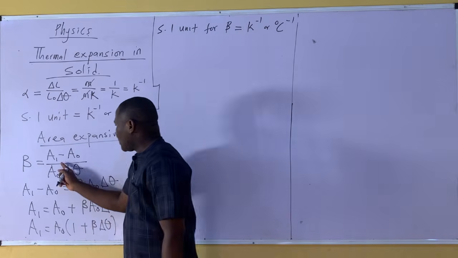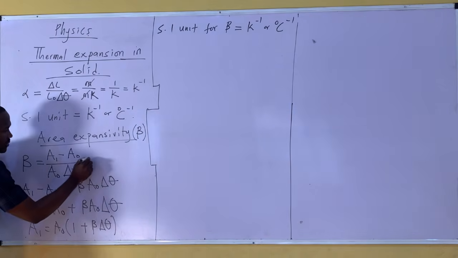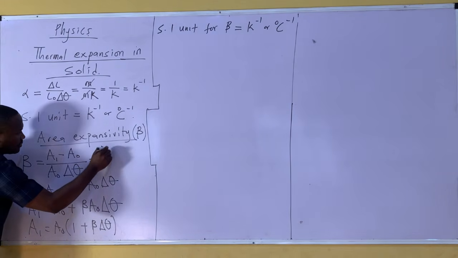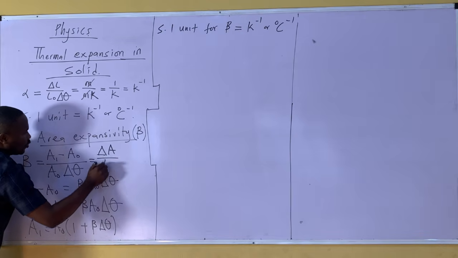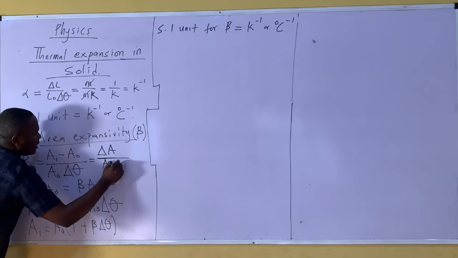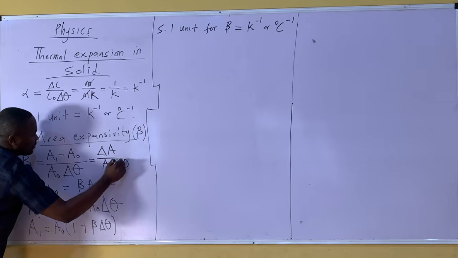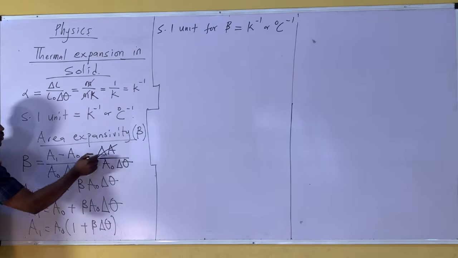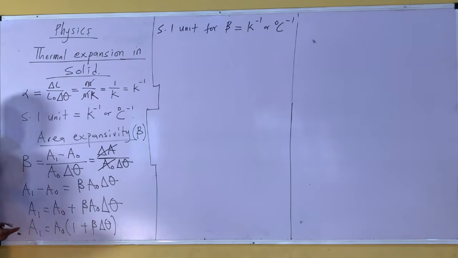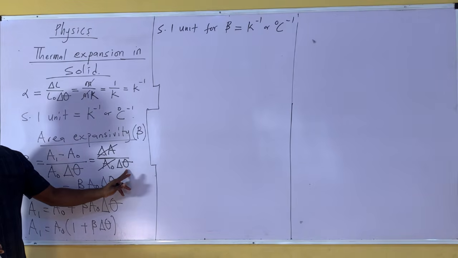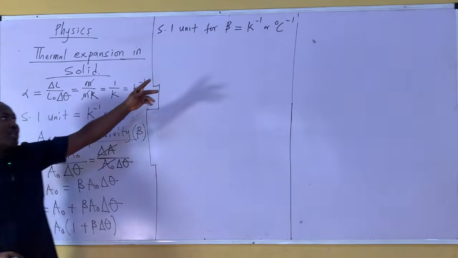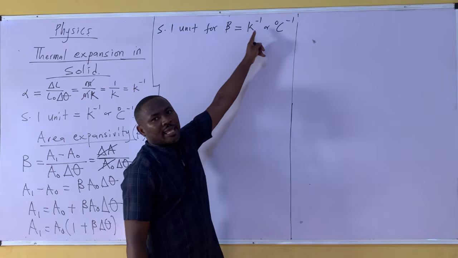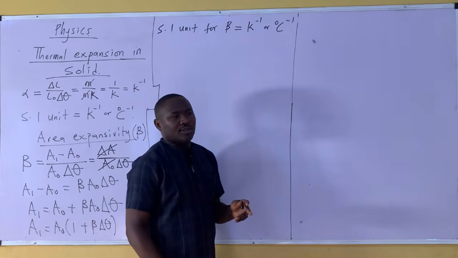Why? This is change in area over original area times change in temperature. So area cancels area, and you are now left with 1 over change in temperature. That's why it will always be per Kelvin or per degree Celsius.